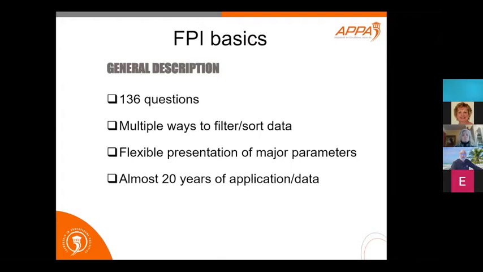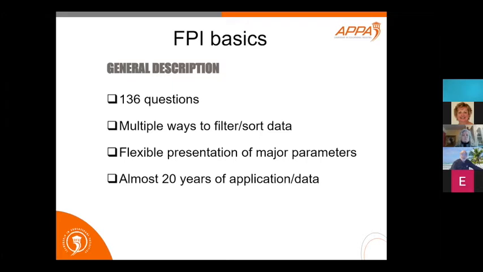There are a lot of flexible presentation parameters available. While there is a standard report format that's available to give to executives, there are still a number of other potential presentation methods that you can use.